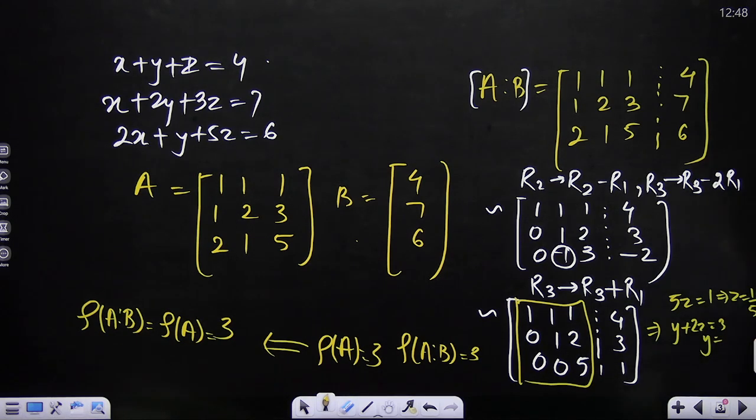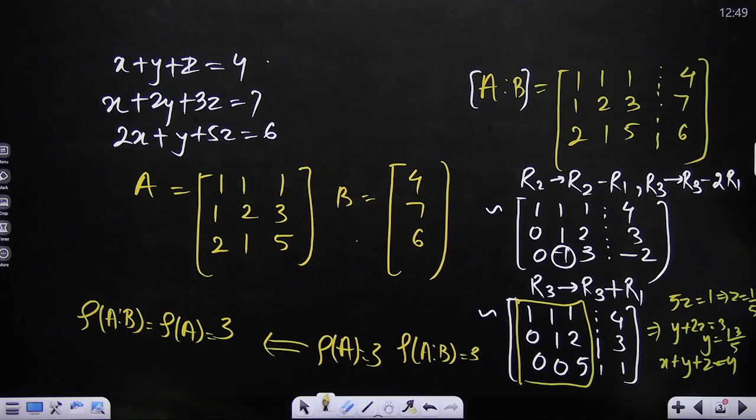If you solve 3 minus 2 by 5, 5 3s are 15, 15 minus 2, 13 by 5, and the last equation is x plus y plus z is equal to 4.